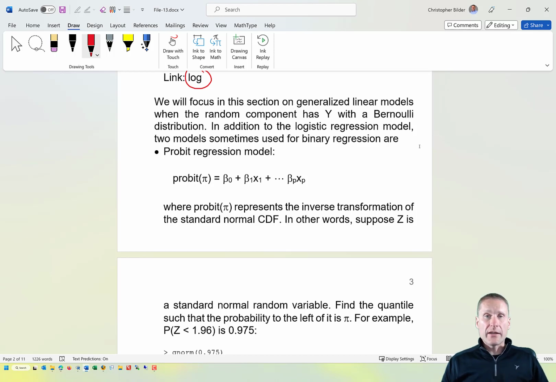Within this generalized linear model family framework, there are actually 2 other generalized linear models that are often used for binary responses. Well, let me back up a second. I say often used, I should say often discussed. We'll talk about more later on how much they actually do get used.